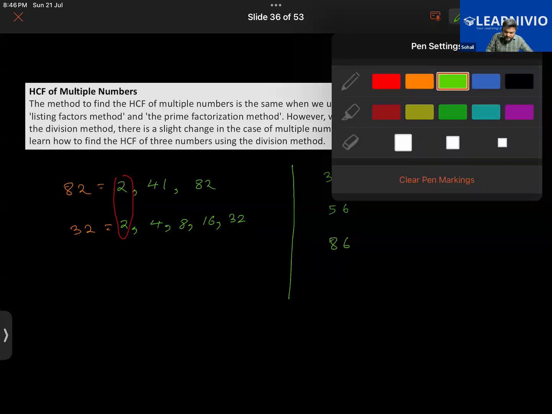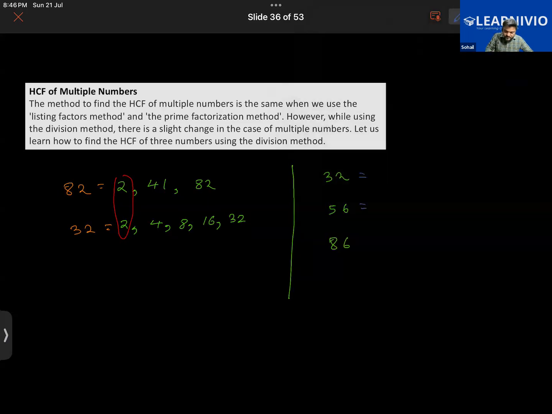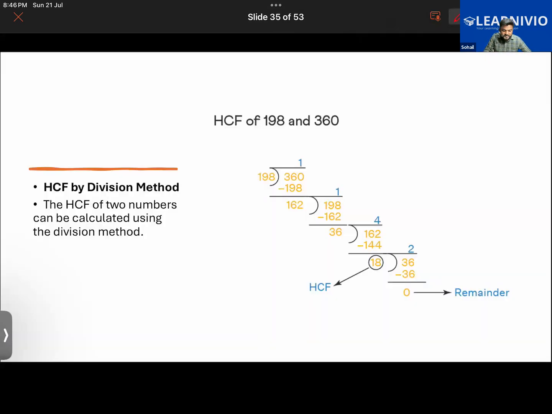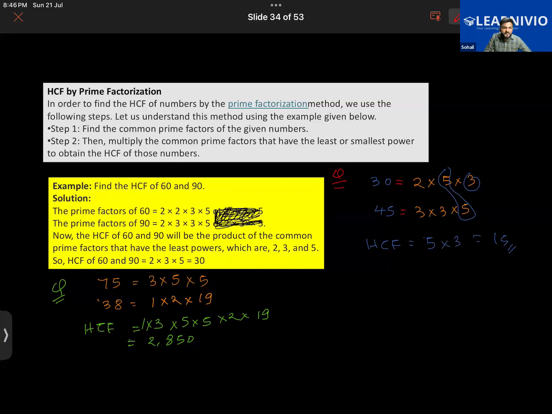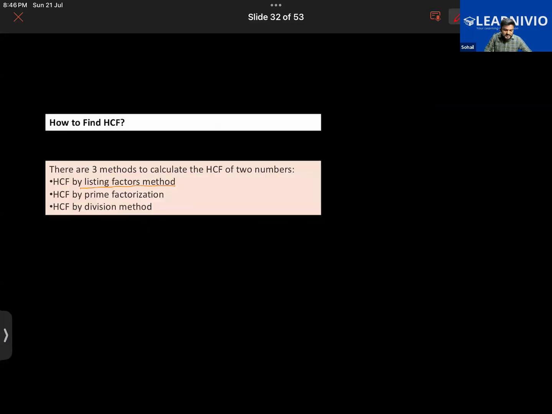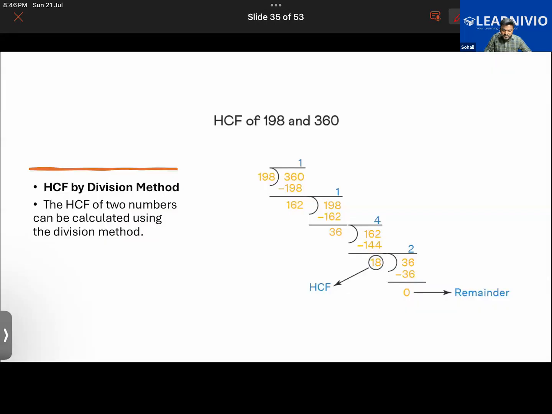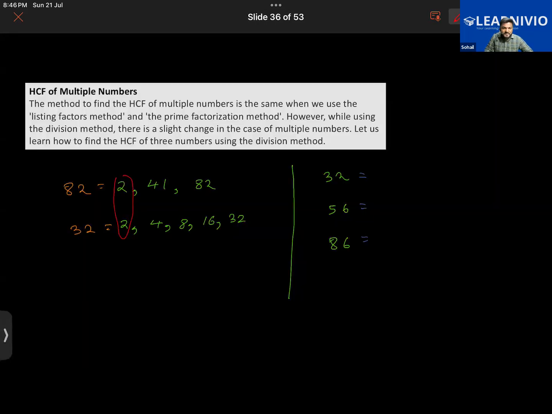These are the three numbers, and we are required to find their highest common factor using the first method, the listing method. The first method was listing the factors. So first of all, let us write all the factors of the numbers.